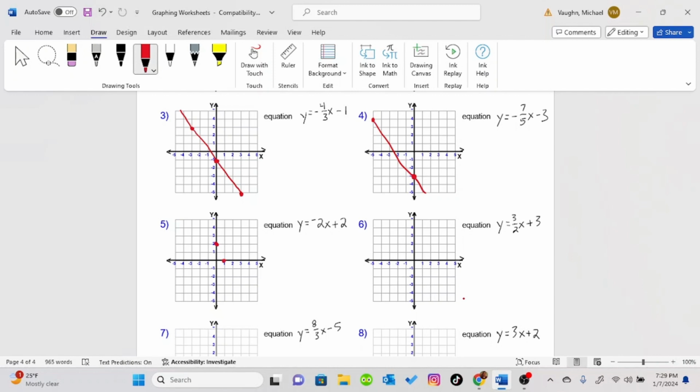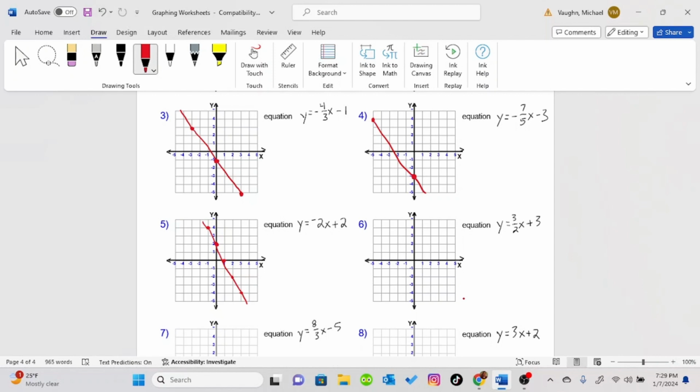And we can continue repeating this, down 2 over 1, to get more points on here. We can also do the opposite, up 2, left 1, to get a point before the y-intercept. Now we've got our points. We can join them together, and we have the graph of our line.